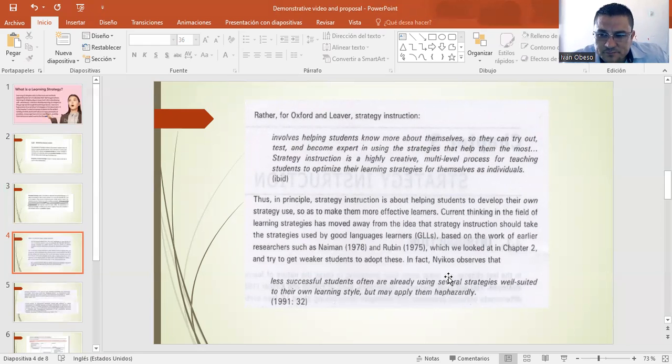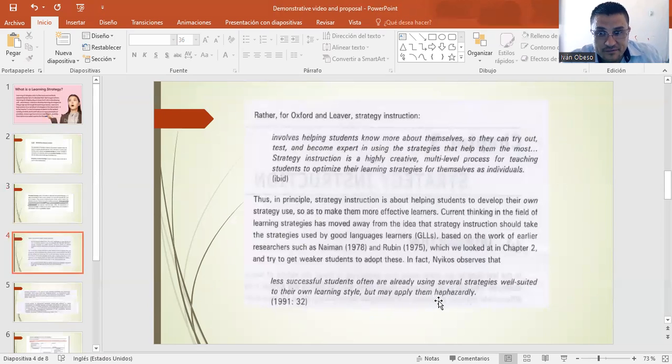What does this mean? This means that learners already are using some learning strategies, but they are not aware that they can change the learning strategy that they are using for another that is better.